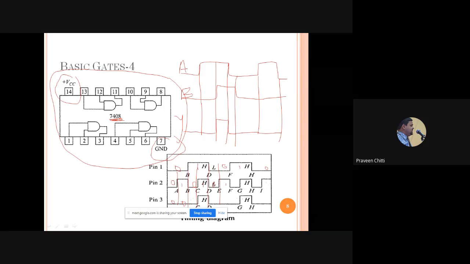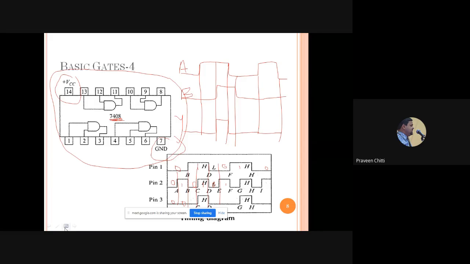Here 11 is the output, 12 and 13 are inputs. Then you may ask why the numbering is given like this. We can't change this numbering because this is the pin configuration provided by the manufacturer of that particular integrated circuit or IC. So we should remember these pin diagrams or pin numbers, and accordingly we can use these ICs for constructing any digital circuit.